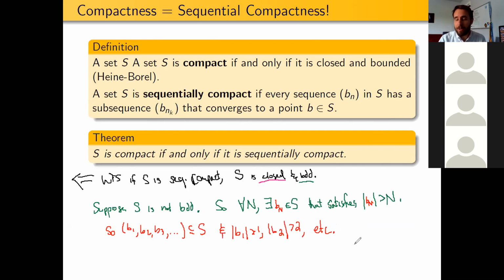And because we've defined our B sub n this way, we know that not only does B sub n diverge, it sort of goes up to infinity, or at least in absolute value, it goes up to infinity. Not only does it diverge, but there is no possible subsequence that could converge, right? So this sequence and every possible subsequence diverges.